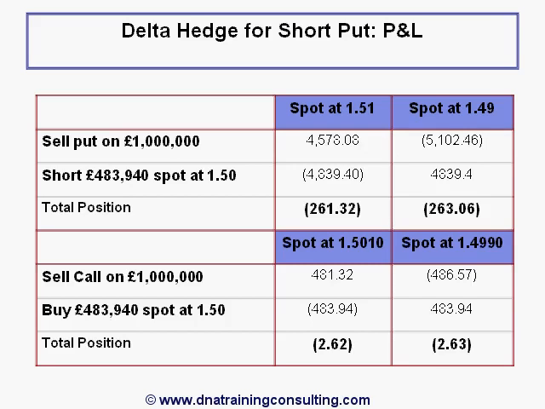The bottom half of this table confirms again that if we simulate a movement in the spot of only 0.1 cent in either direction, our hedge becomes very nearly perfect as it did for the call.